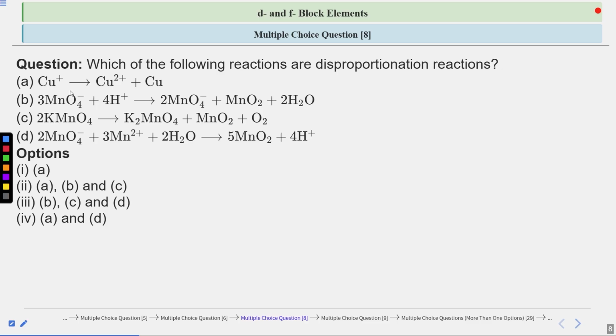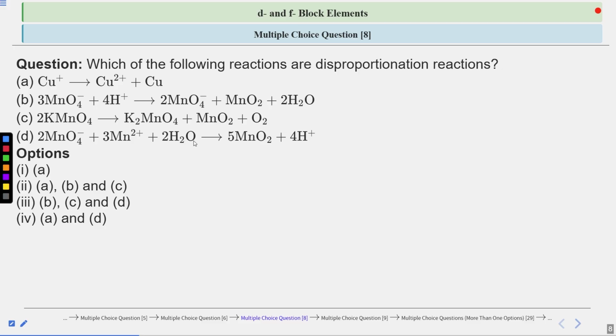In B, we have 3 MnO4 2- plus 4 H+, giving us 2 MnO4- plus MnO2 plus 2 H2O. C has 2 KMnO4, giving us K2MnO4 plus MnO2 plus O2. And in D, we have 2 MnO4- plus 3 Mn2+ plus 2 water molecules, giving us 5 molecules of MnO2 plus 4 protons.